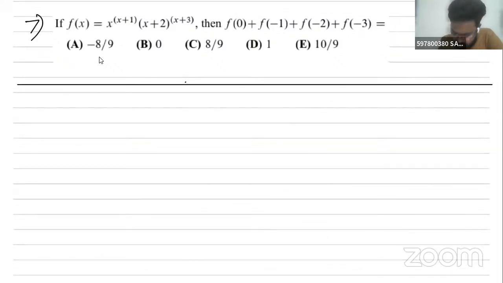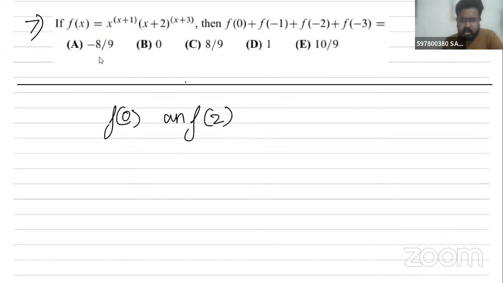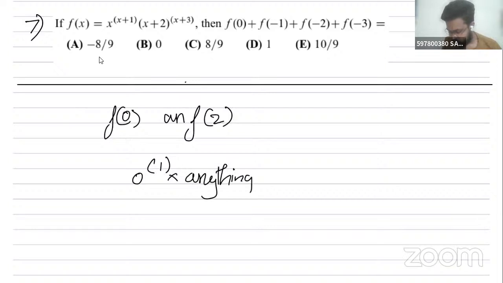So f of x is equal to this weird stuff. What you need to notice is that when we put 0, f of 0 and f of 2 are trivially 0, because this is a product of two terms. So 0 to the power 1 times anything is equal to 0, correct?